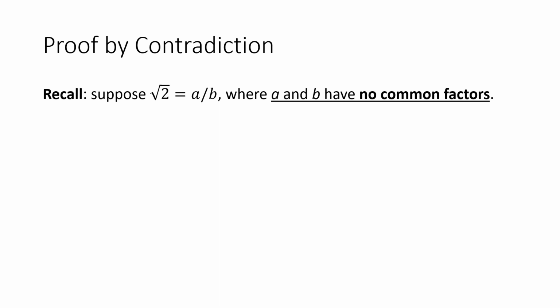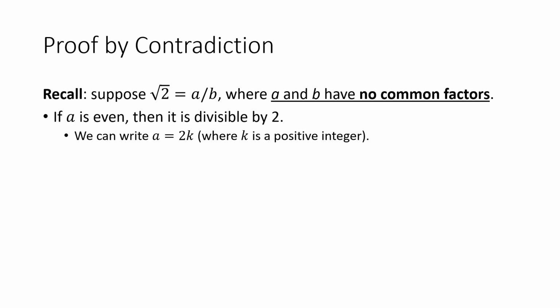All right, so before we continue, I'm going to leave the important point from the previous slide. We are assuming that the square root of 2 can be expressed as a fraction of integers, a over b, where a and b have no common factors. Now, we have established that a is even, so that means that it is divisible by 2, which means that we can write a as 2 times another integer, for example, k.